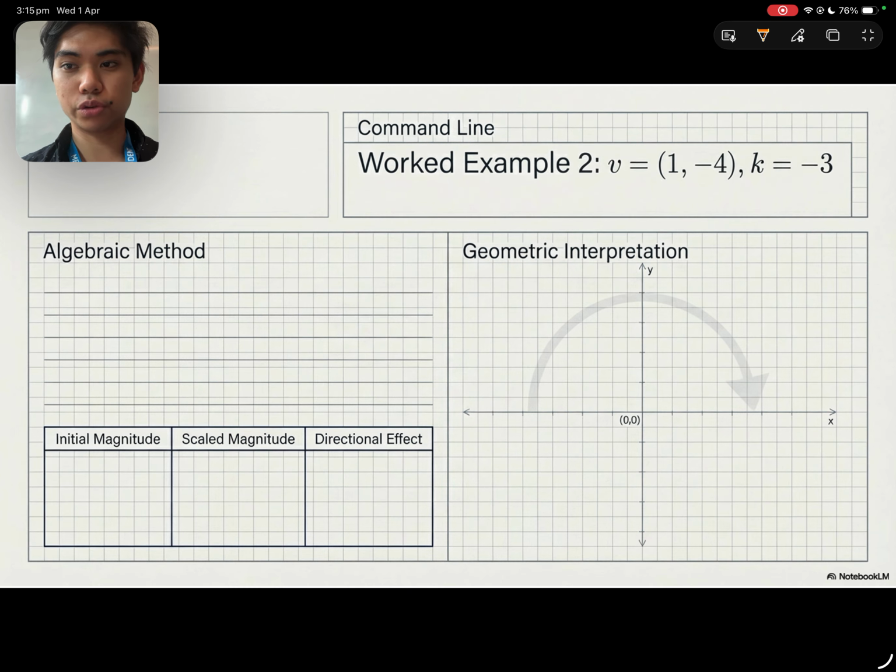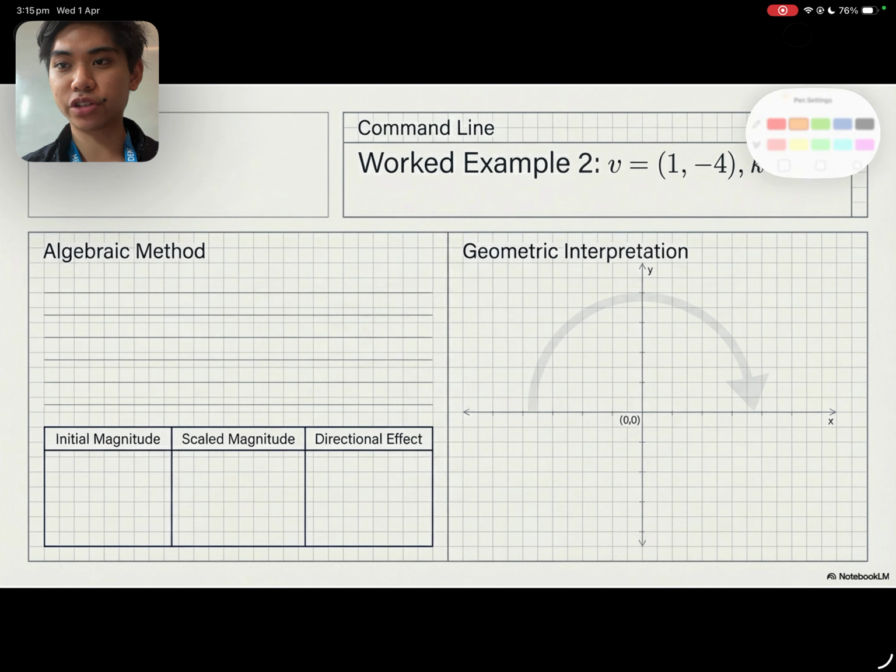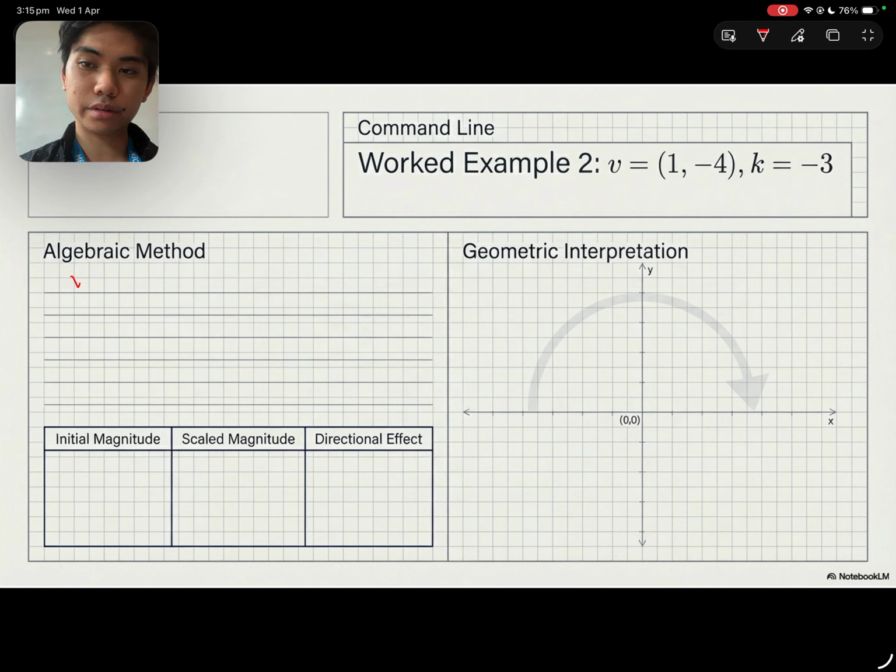So question 2. Now we have a vector that is i minus 4j, okay, because our x component or the i component is 1, and our j component is -4, our y component.